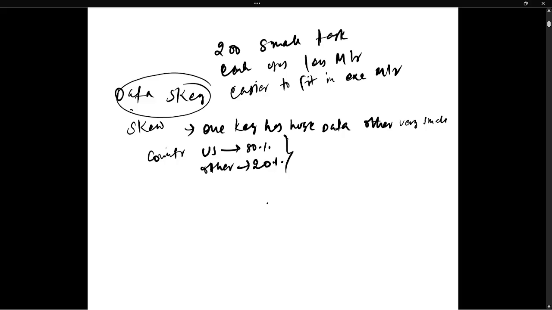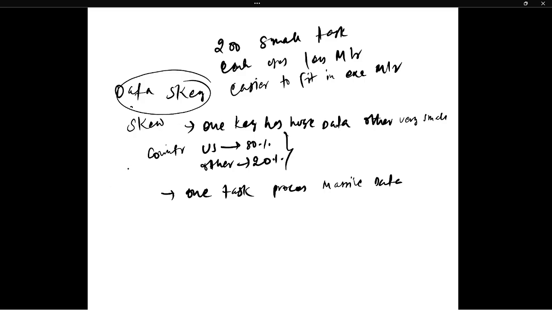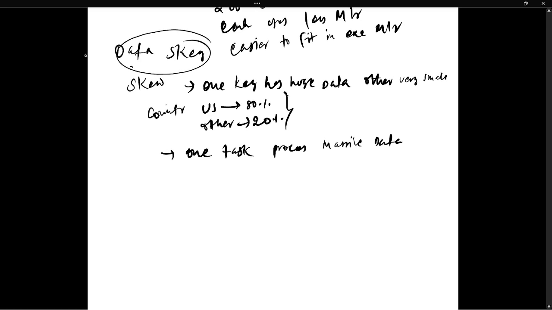Only one task processes massive data. So if one task processes massive data, that executor runs out of memory. So data skewness is one of the reasons.